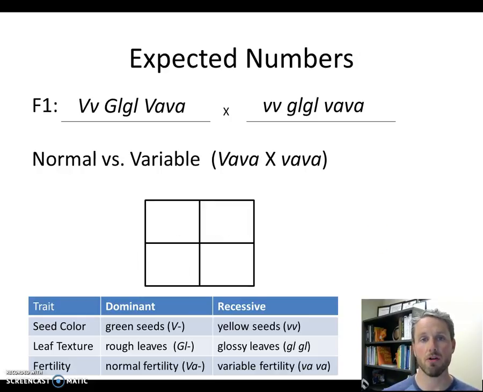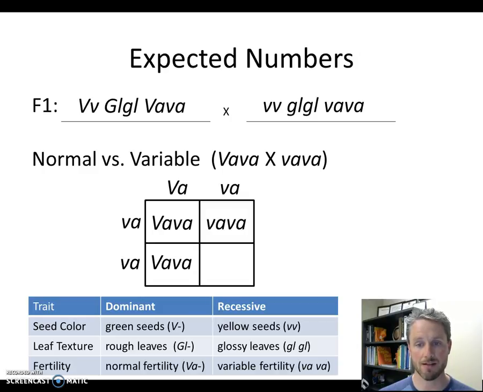Then we should think about the third and final trait, normal versus variable fertility. Again, our F1 is heterozygous. We're test crossing to a homozygous recessive plant. So we put one individual on top, the other on the side. We fill in the boxes, and we see that 1/2 of the time we should get normal fertility, and 1/2 of the time we should get variable fertility.